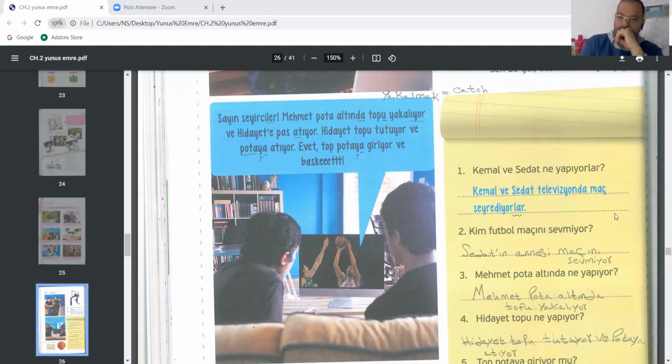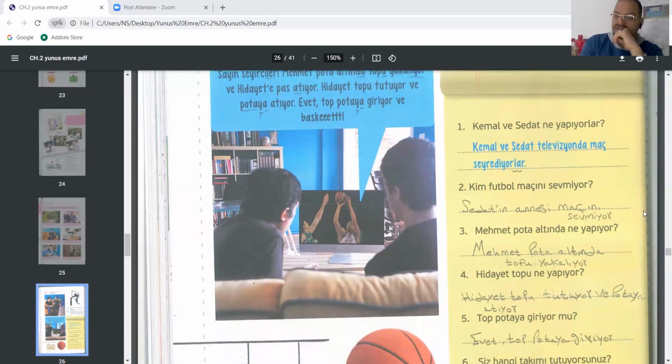Okay. Kim futbol maçını sevmiyor? Sadat'ın annesi. Sadat, and I put "ın", and anne, I put "s" between these two vowel letters, and after that it becomes connected between these two words. Maçını sevmiyor. Mehmet pota altında ne yapıyor?